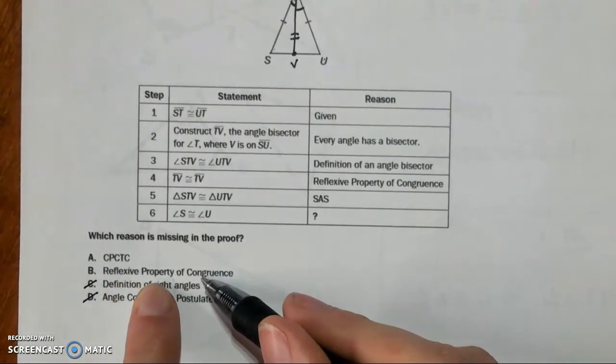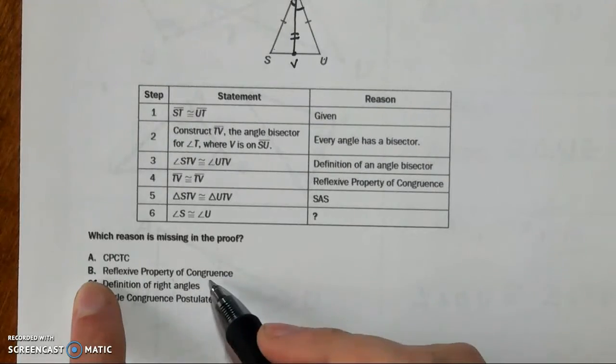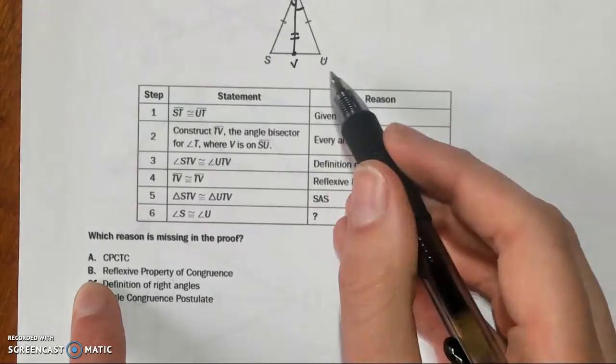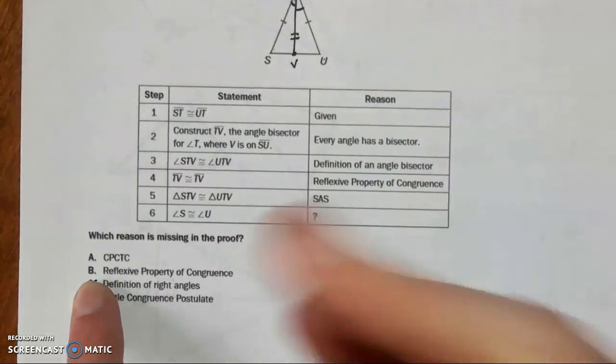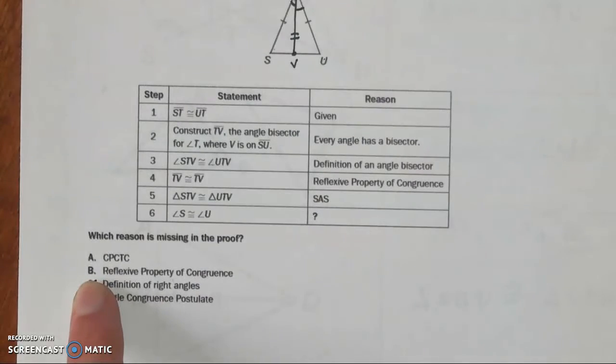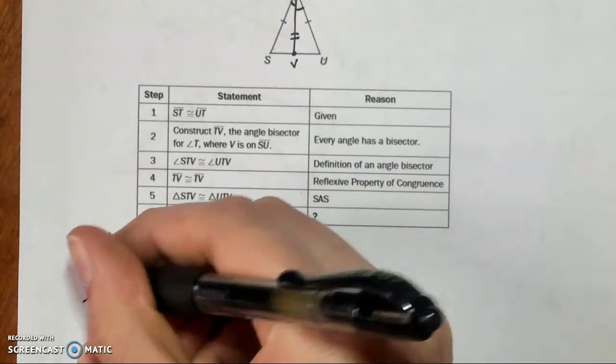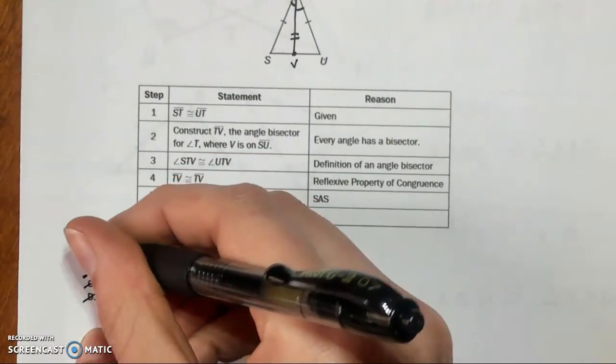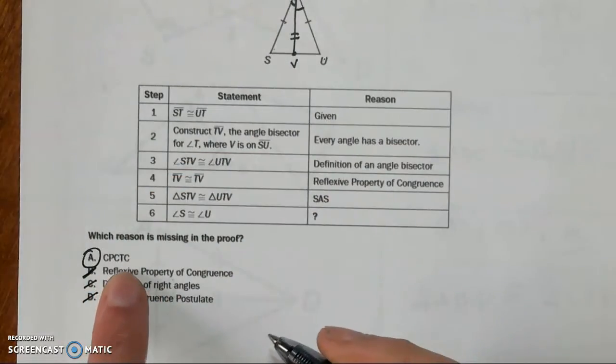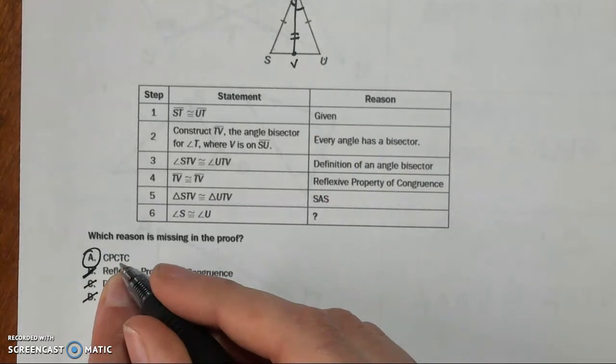The reflexive property of congruence would mean that S and U are shared. Well, are S and U shared? Are they like right on top of each other like TV? No, so not B. So therefore the answer is A, CPCTC, that congruent parts of congruent triangles are congruent.